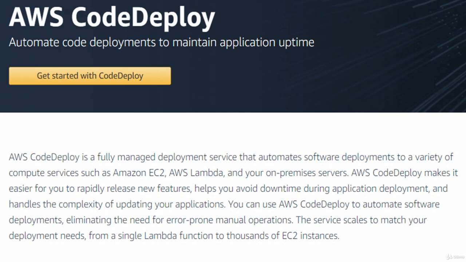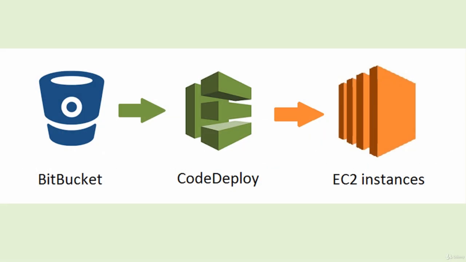You can use CodeDeploy to automate software deployments, eliminating the need for error-prone manual operations. You can scale anytime you want for your deployment needs, from a single Lambda function to thousands of EC2 instances. It works in a fashion where we have a Bitbucket repository, which could be used for deployment using CodeDeploy, operating on various EC2 instances or Lambda functions.